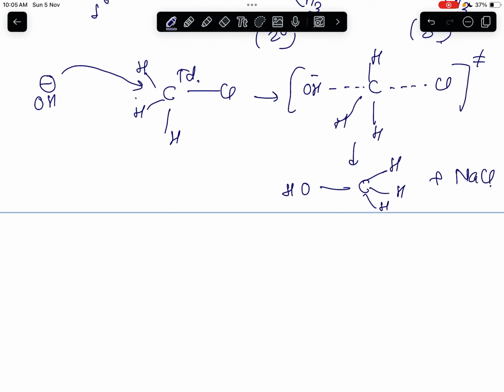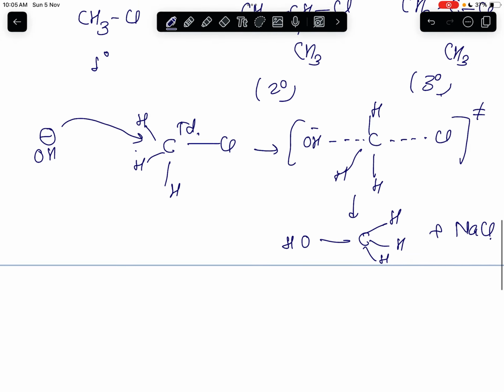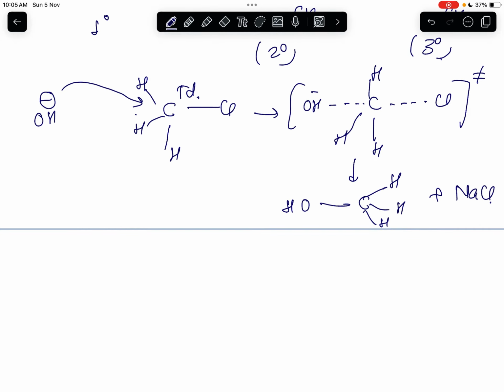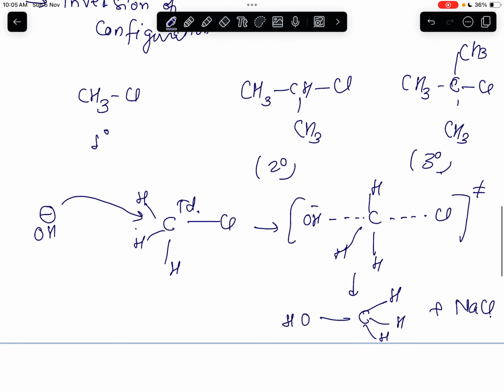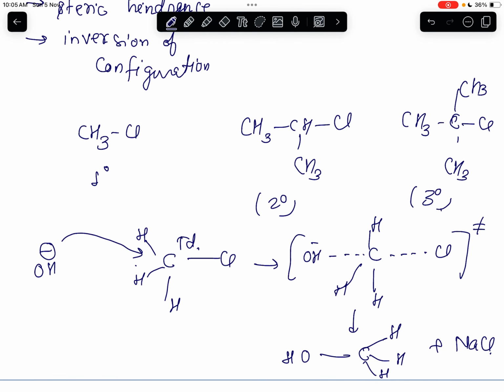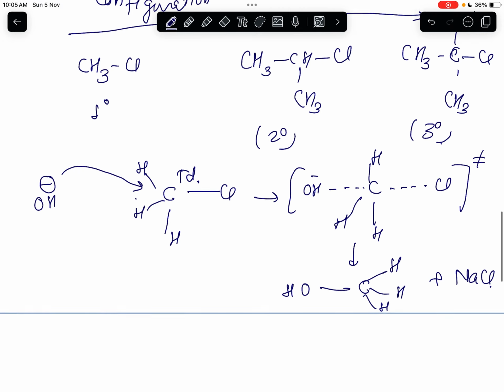So NaCl will form. As we can see, if the steric hindrance around the attacked carbon is high, then OH will not approach the carbon and the reaction rate will be slow. That's why for SN2 the steric hindrance should be less. From 1 degree, 2 degree to 3 degree the steric hindrance increases, so the reaction rate decreases.